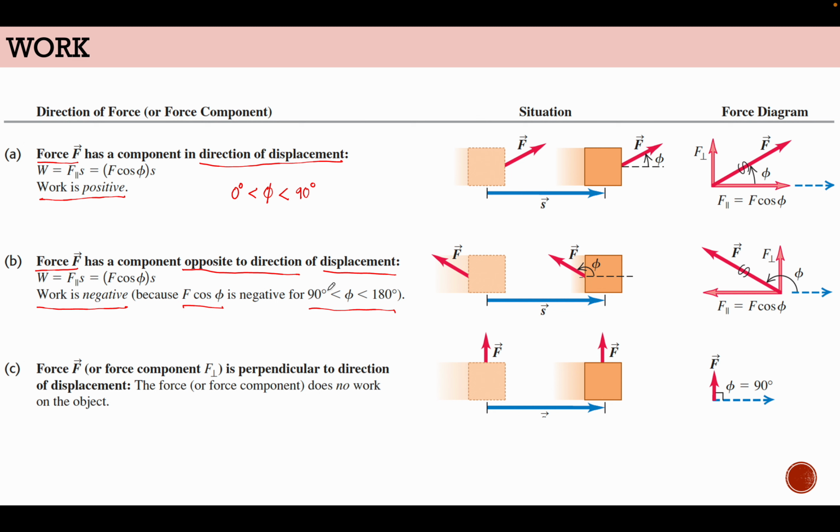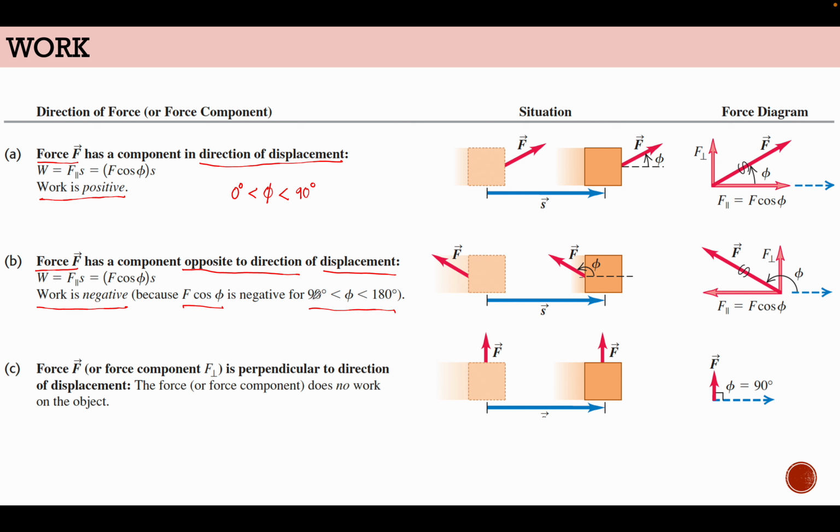Also, our F cosine phi will be 0 if our angle is equal to 90 degrees.